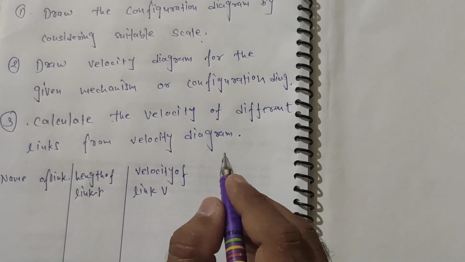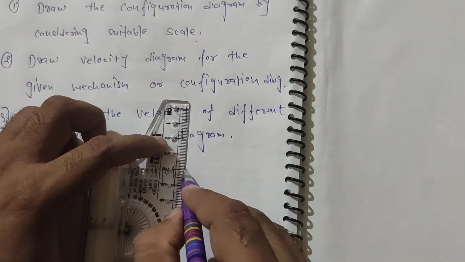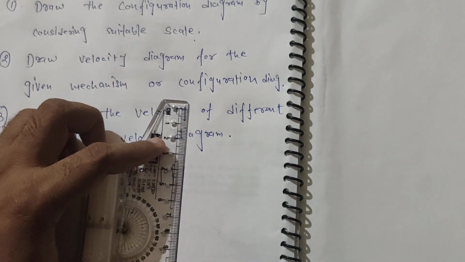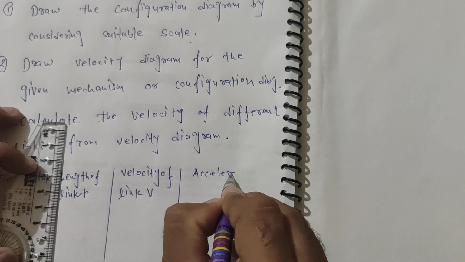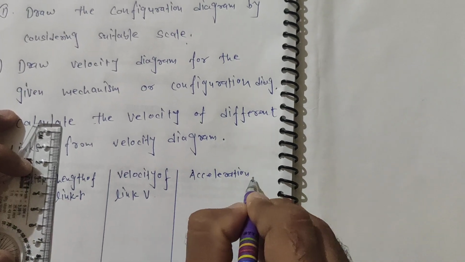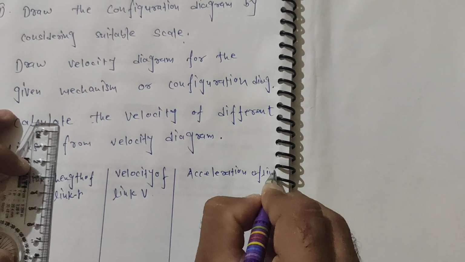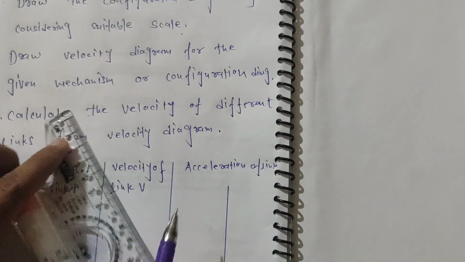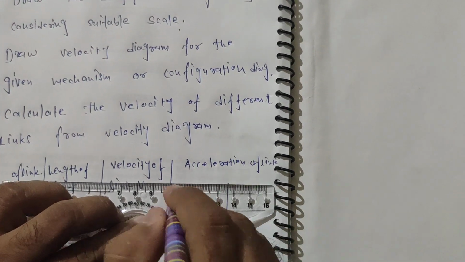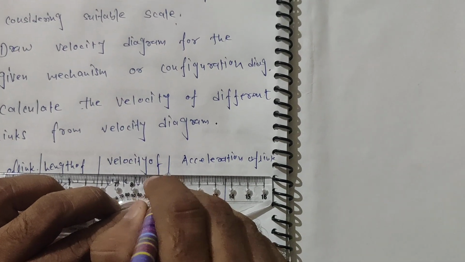Now the acceleration of the link. As we know, the acceleration of the link has two components, one is normal and another is tangential.